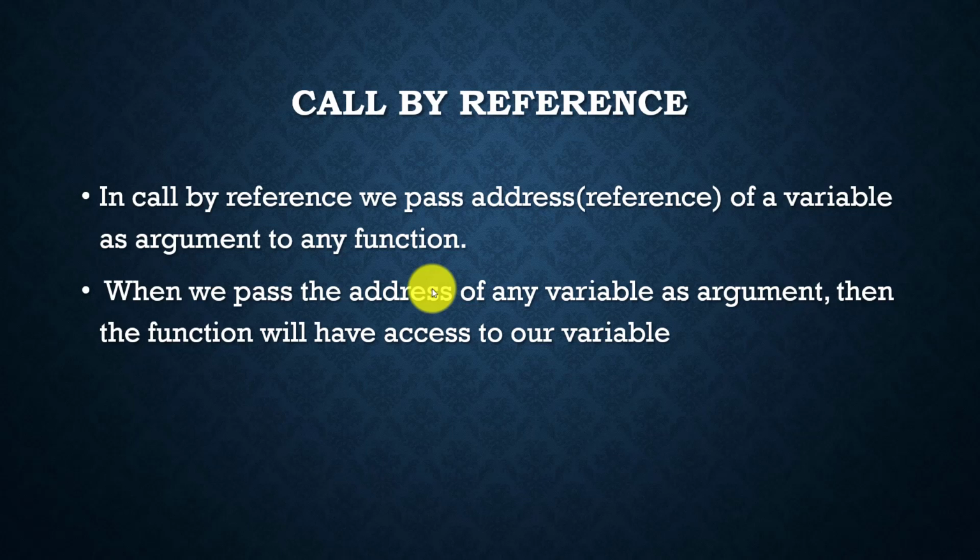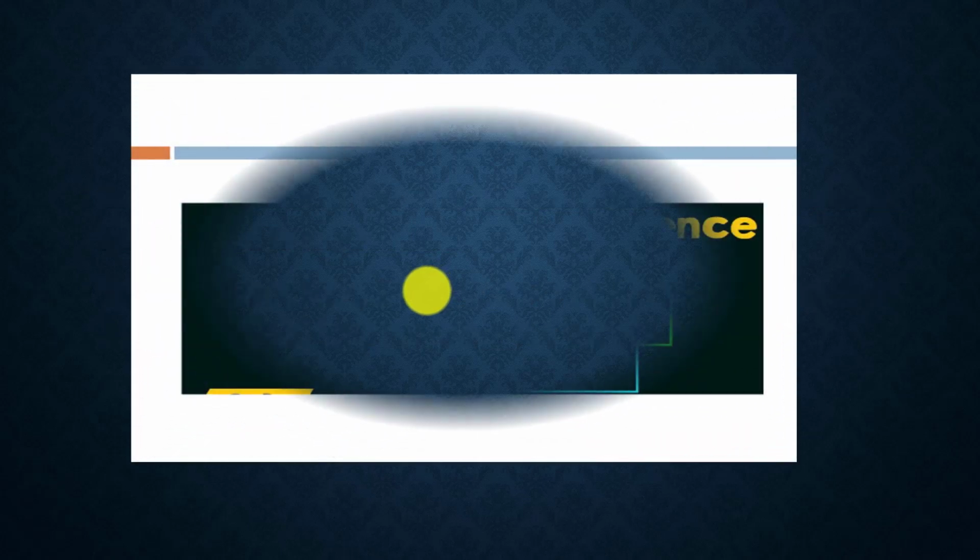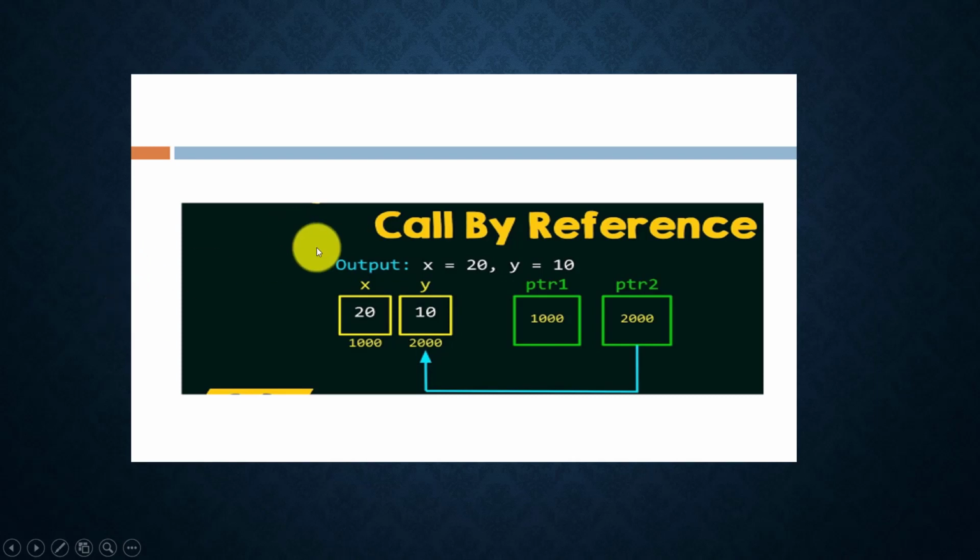Now in this diagram you can see two variables x and y. X stores the value 20 at memory location 1000, and y has the value 10 at memory location 2000. Now the pointers PTR1 and PTR2 point to these locations.